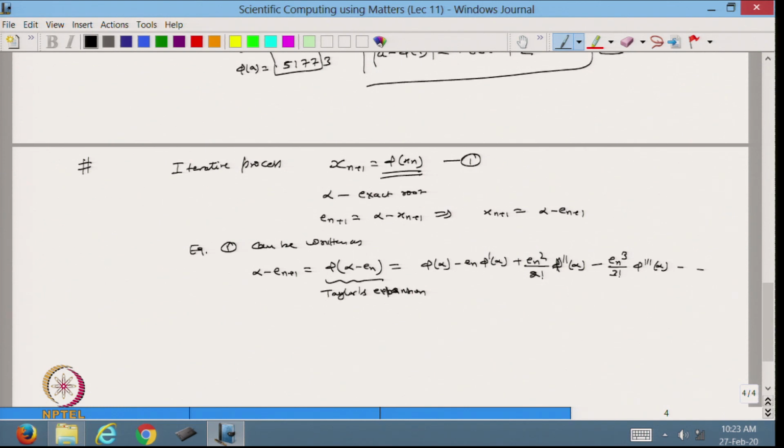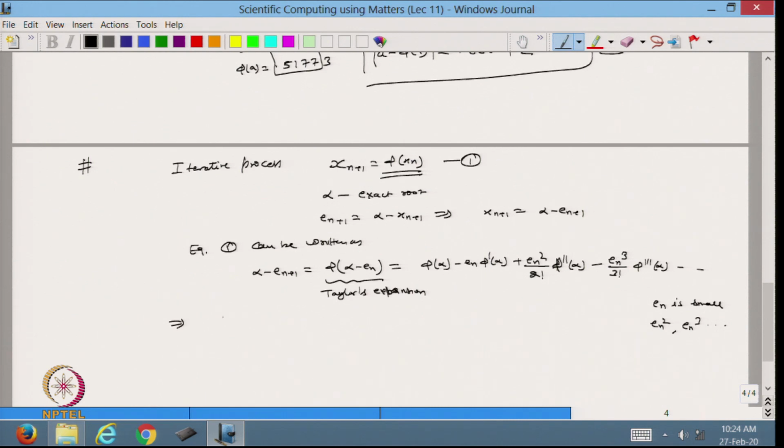In this case I know that my error E n is small. So, E n square, E n cube and all other values will be even much smaller.